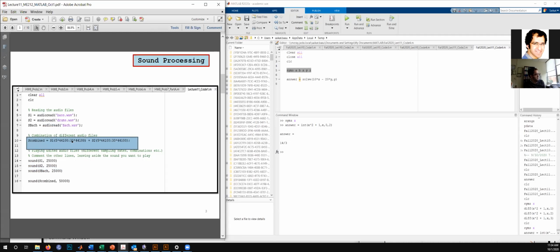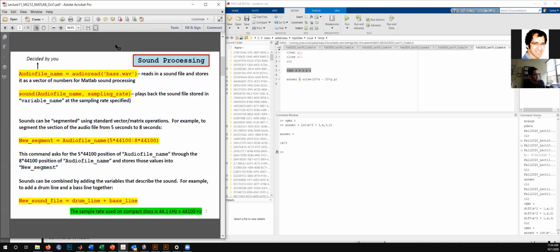But what are these numbers for? For example, if you're trying to grab the music from the 5th second mark to the 8th second mark, this is the syntax that you are going to use. And this number depends on the sampling rate of the audio files. As I said, Matlab almost always, except when it is doing symbolics, deals with numbers.